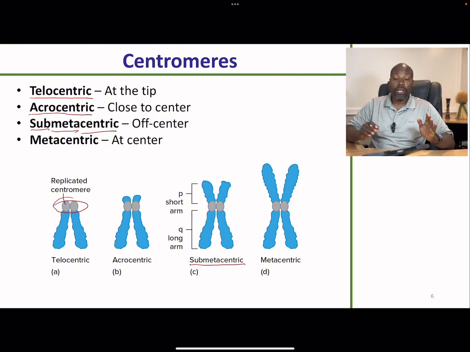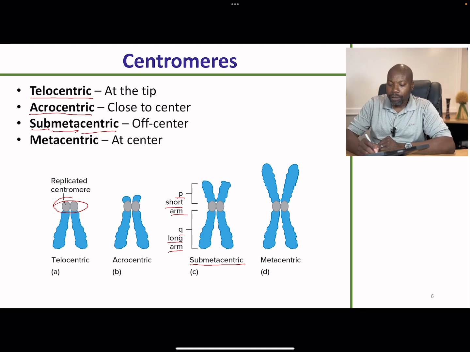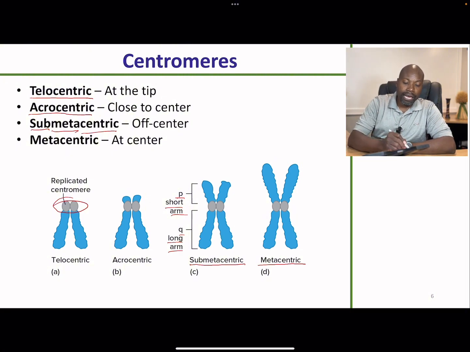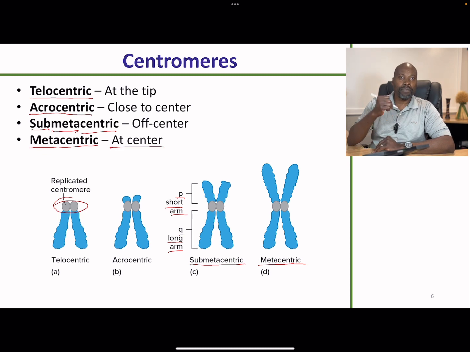And these are the ones where we are going to clearly see some short arms and some long arms, okay? And then we have the metacentric centromeres. The metacentric centromeres are the centromeres that are located at the very center of the chromosomes, right?